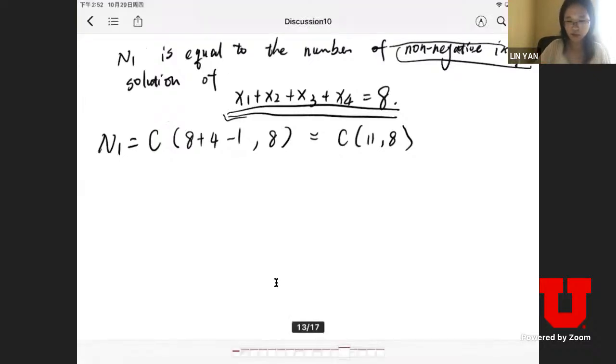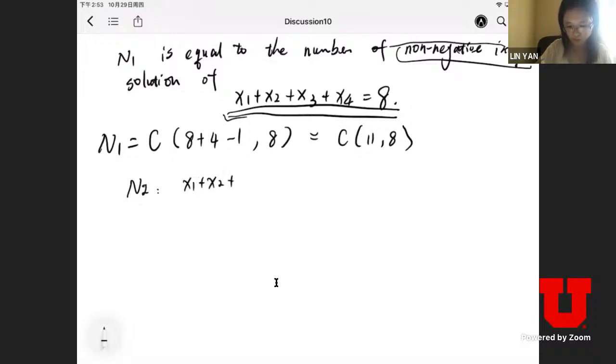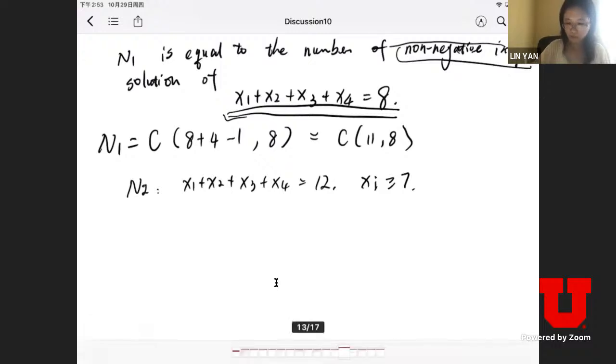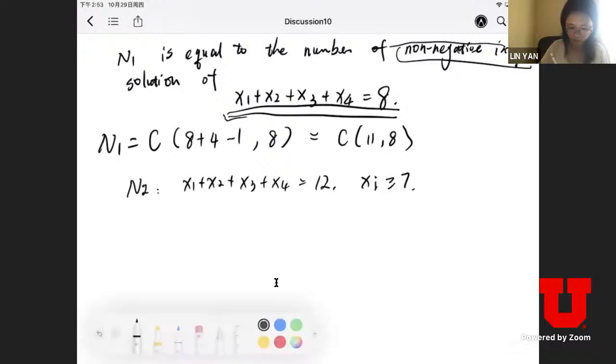Okay, let's go to n2. In n2, we want to find x1 plus x2 plus x3 plus x4 equal to 12, where at least one of them is larger or equal to 7. Because we need non-negative integers, we can do the same trick: subtract 1 from each item. Then that is minus 4, then minus 1, then minus 6.